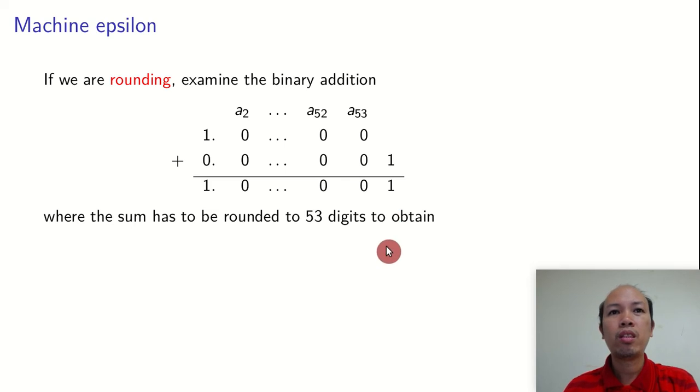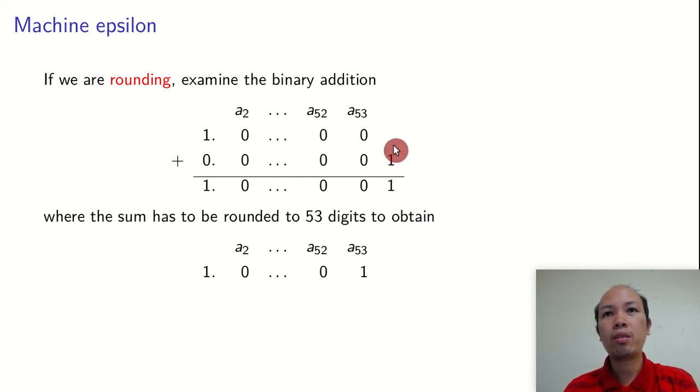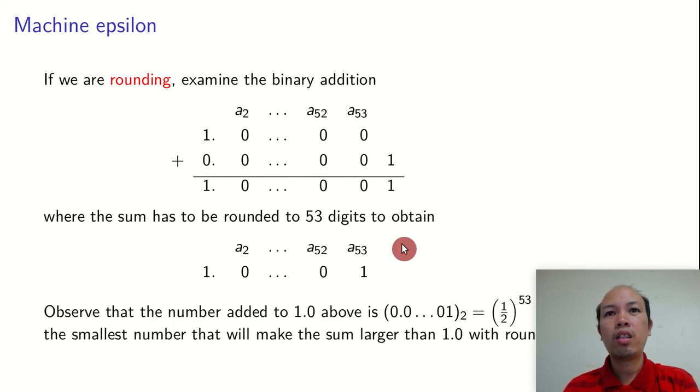Okay, so we rounded to 53 digits. Meaning to say, if we add this one, this is just the same, we can add 0 here. This, when we round, why is it that it will become like this?